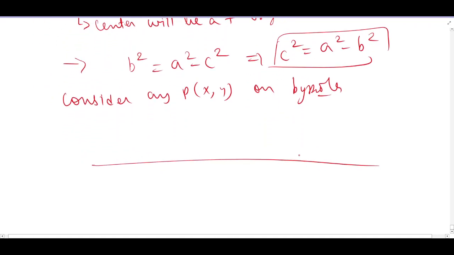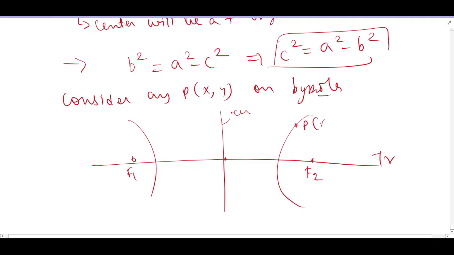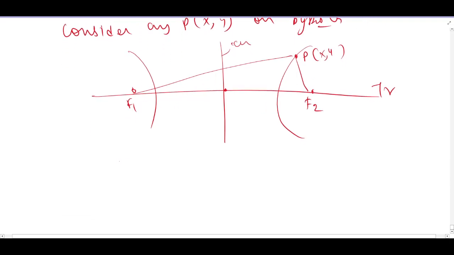That is, this is transverse axis, this is conjugate axis, and this is hyperbola. This is focus 1 and this is focus 2. So now consider any point P whose coordinates are x comma y. Join P to F1 and P to F2. So from definition of hyperbola, PF1 minus PF2 is equal to 2a, because the constant is equal to 2a in case of hyperbola.